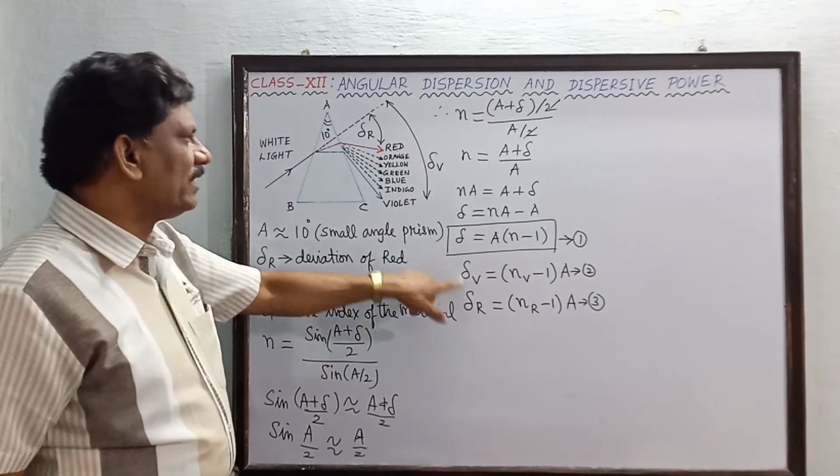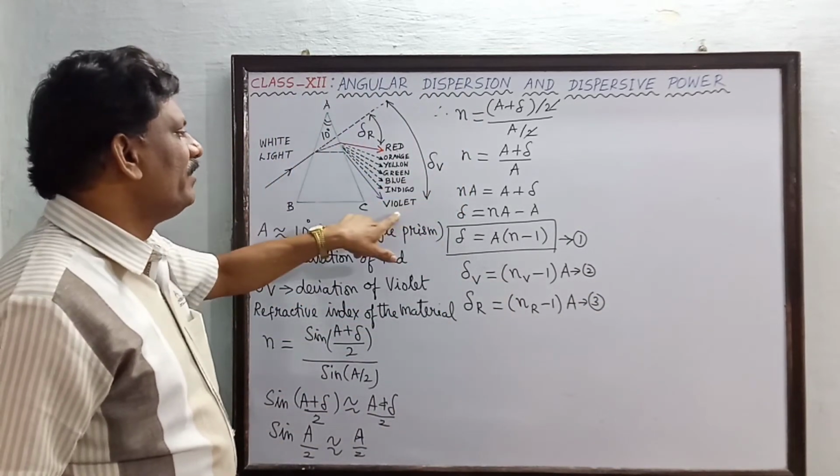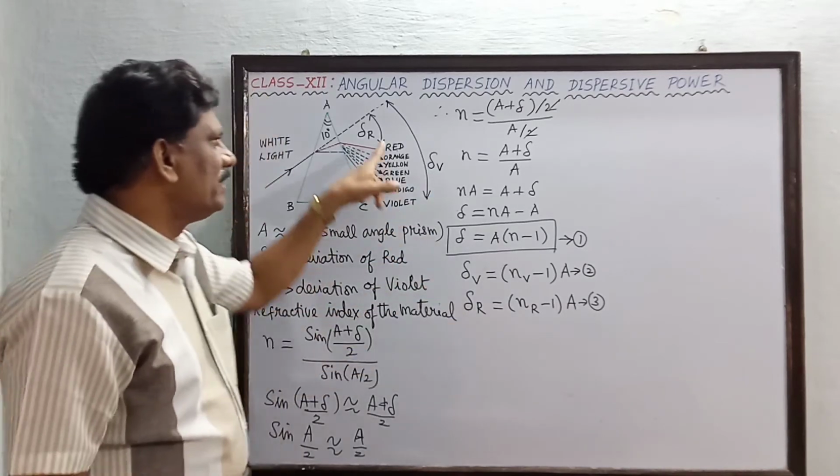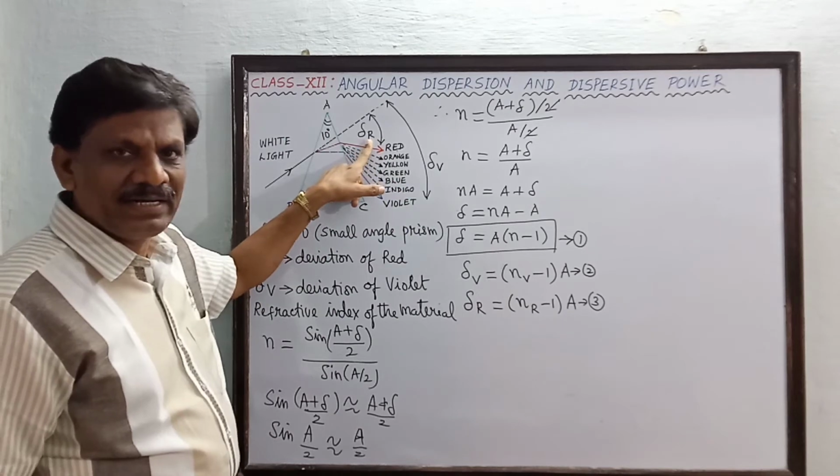So what does delta V mean? It means the deviation of which color? Violet color. And delta R means what? It is the deviation for the color red.